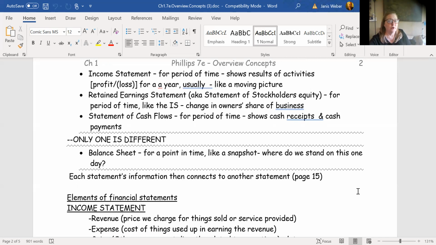Then the third one for a period of time is the cash flow statement that shows the difference between January 1's cash and December 31st's cash. This is assuming a calendar year again. Then that would be showing you, why did the cash change? The net income or the income statement bottom line is part of the reason it changed. But then what other factors came into play? Where did the money go?